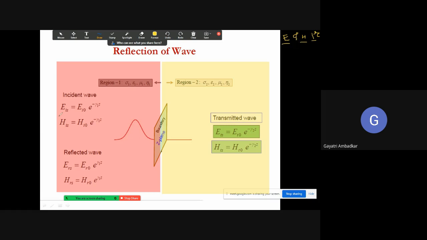So we will represent the electric field and magnetic field separately.